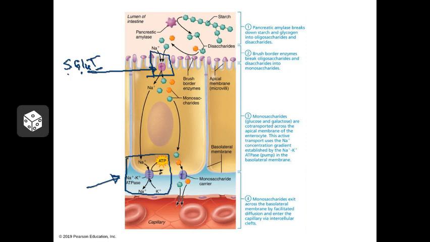We do need a molecule of ATP to phosphorylate the sodium-potassium pump so that it can work. The sodium-potassium pump puts sodium out of the cell. And for that reason, the concentration of sodium in the cell is low.